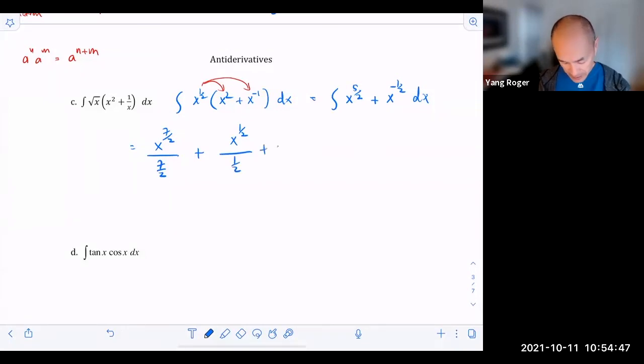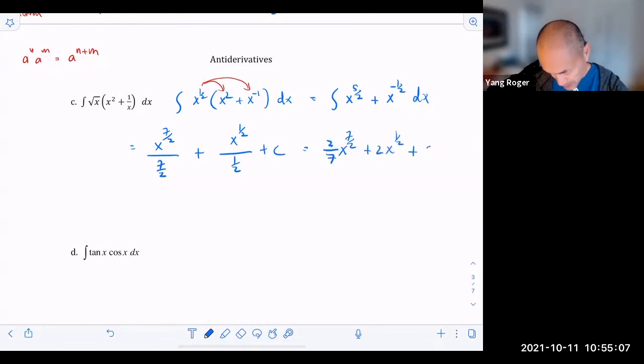Yeah, tack on a plus c there. Now, we had just discussed that dividing by a fraction is the same thing as multiplying by the reciprocal. So I have that happening twice here. So this guy is 2/7 x to the 7/2 plus 2 times x to the 1/2 plus c. And this would be our final answer.